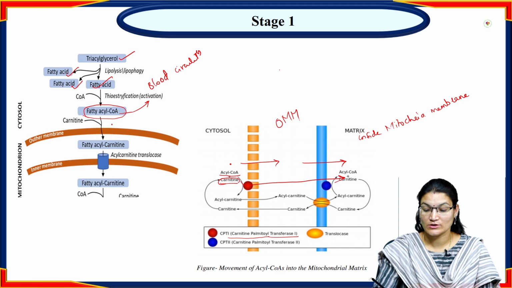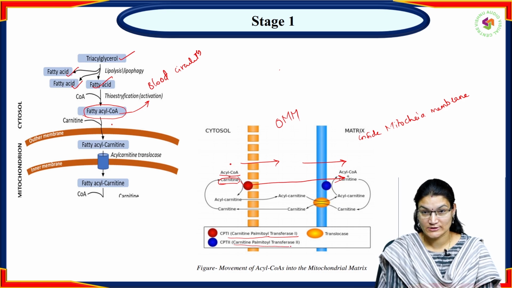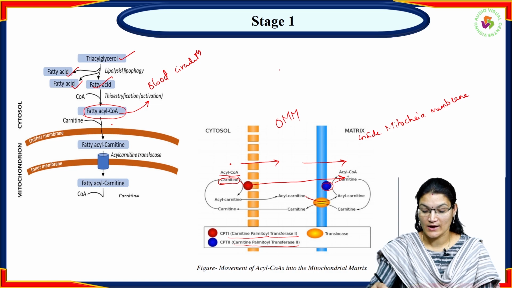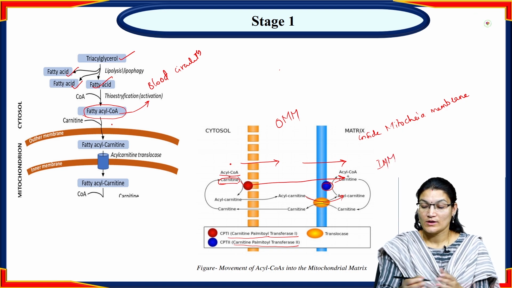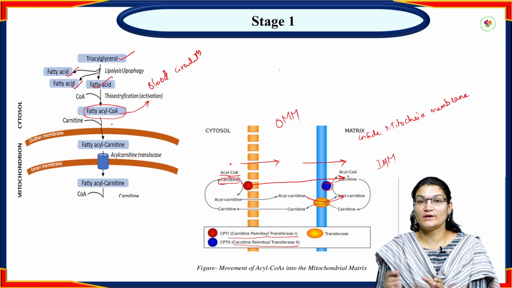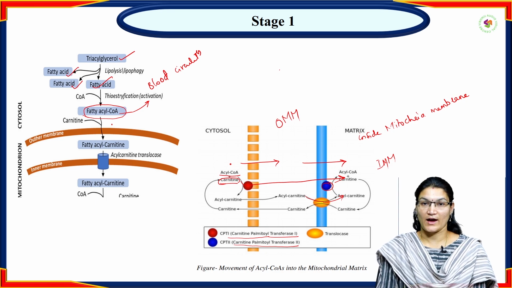After entering, acyl carnitine binds to carnitine palmitoyl transferase 2. With the help of this CPT2, it will enter inside the mitochondrial membrane. So this process is possible only when it can bind with carnitine.